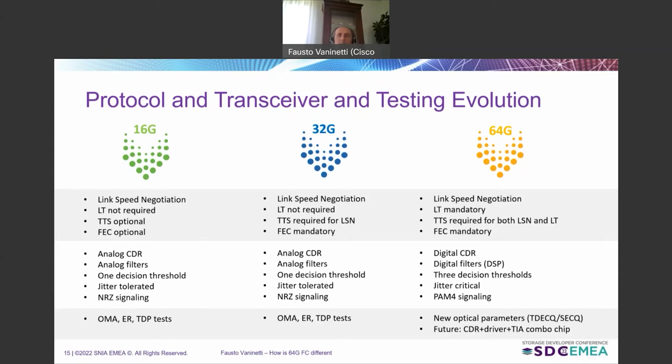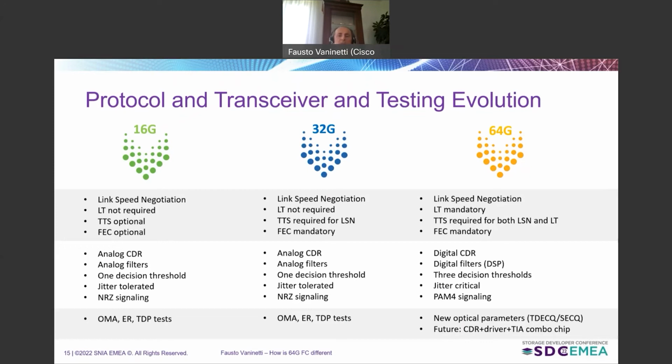However, at 64 gig, we also have a phase called link training, and this is mandatory. Link training was not required at 16 gig and 32 gig Fibre Channel. Link training is essentially an adjustment, a fine-tuning of the receiver parameters so that you can improve the bit error rate.